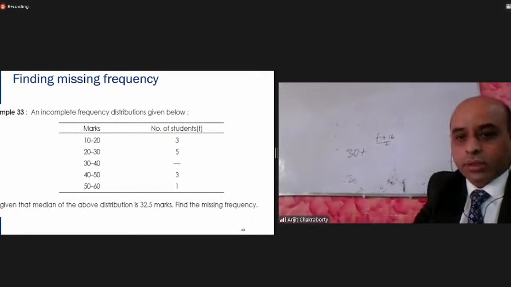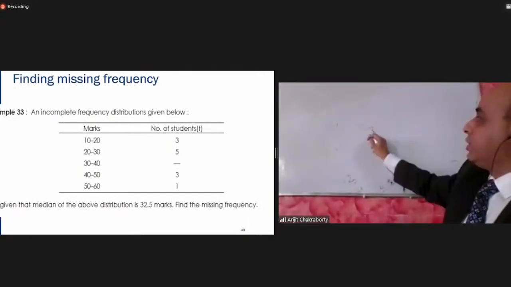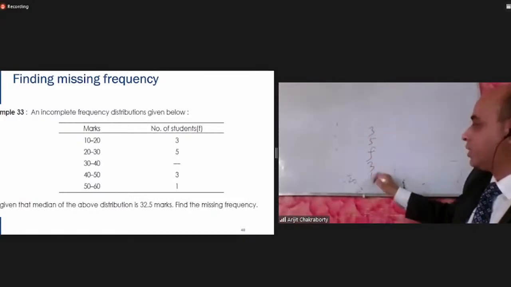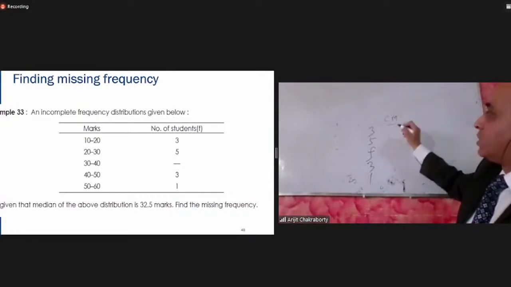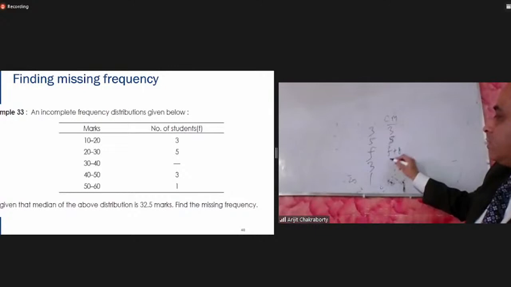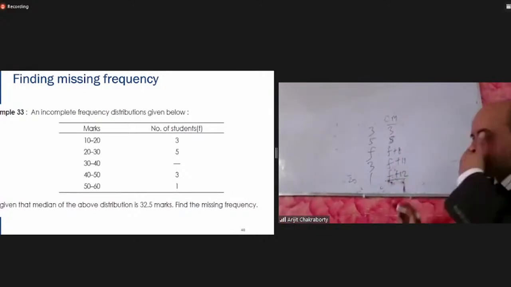Let me take the total once again. So 3, 5, we'll take it as f, 3 and 1. The cumulative frequency comes to 3, 5, 3, 8, f plus 8, f plus 11, and f plus 12. The total frequency is f plus 12.